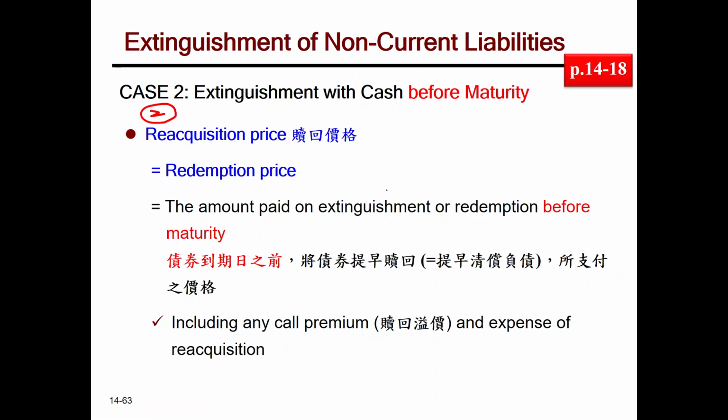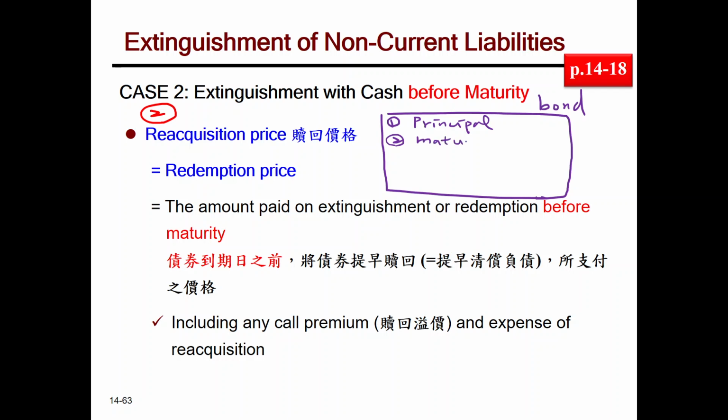So remember, on your bond, the promises you made. Four basic promises, what are they? Principal. The second promise you made is the maturity date, when you are going to pay the money back. The third promise is the contractual interest rate. The fourth promise is the interest payment date.